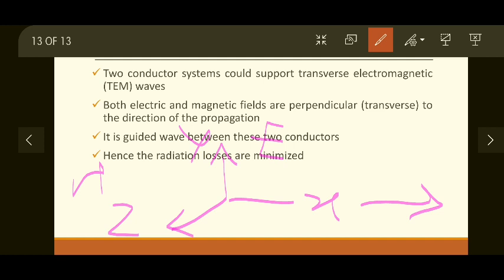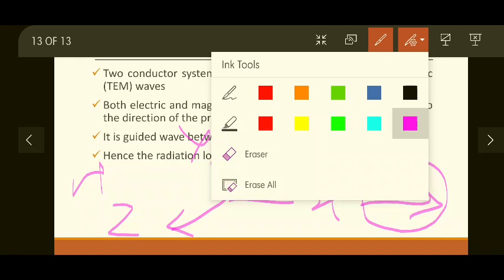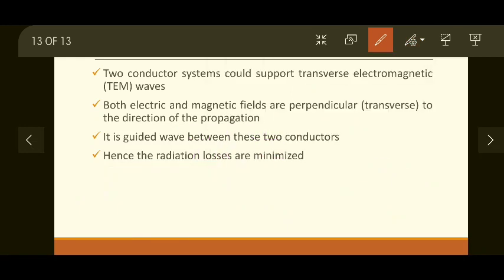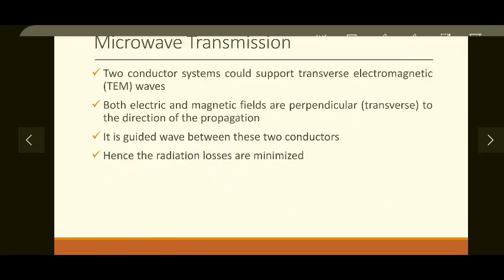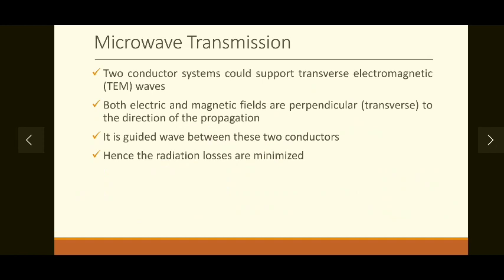So E and H both are transverse to the direction of propagation. Hence the radiation losses are minimized. Because of this, there are very few losses in microwave transmission. The detailed study of stripline, microstrip line and coplanar lines will be in the upcoming session.